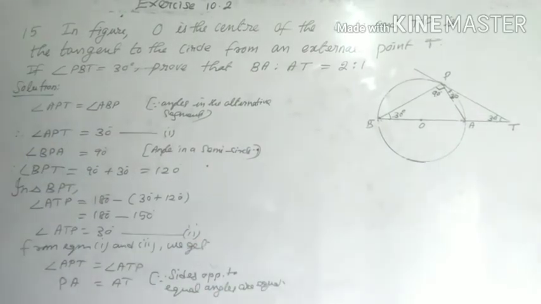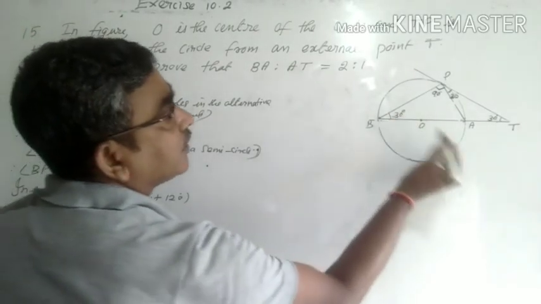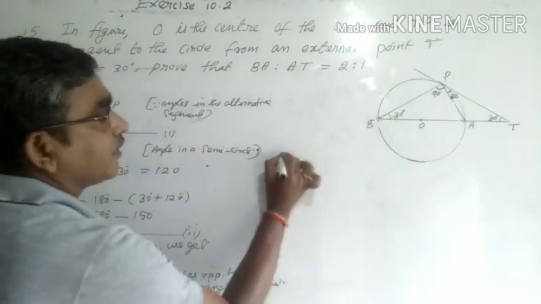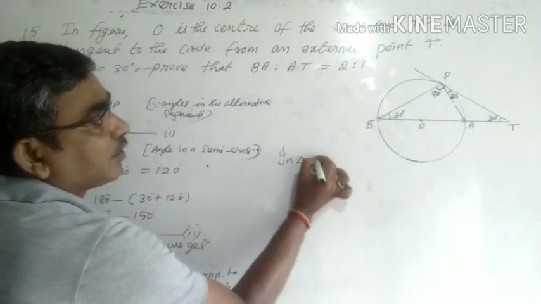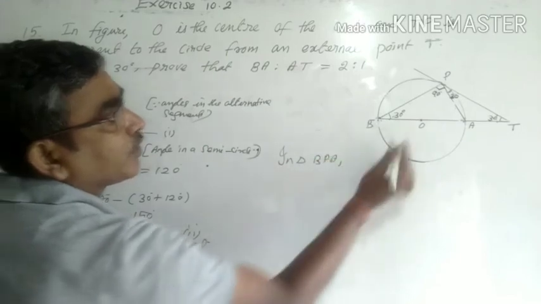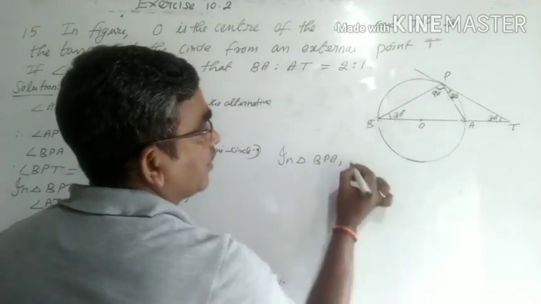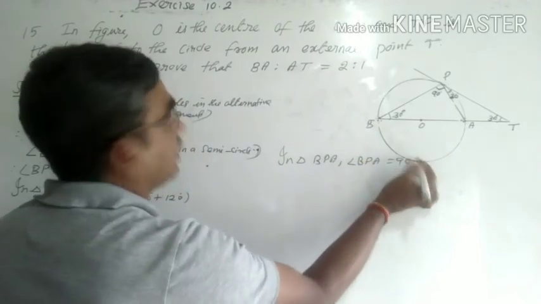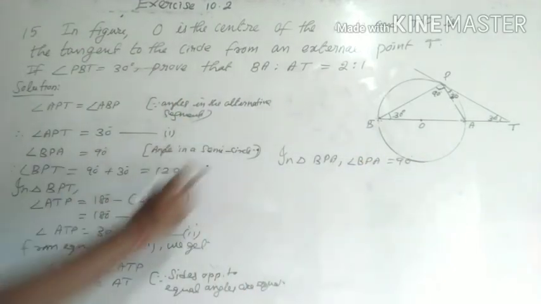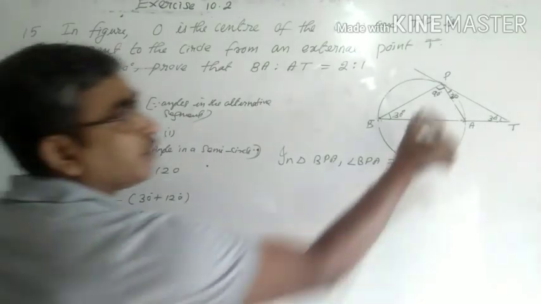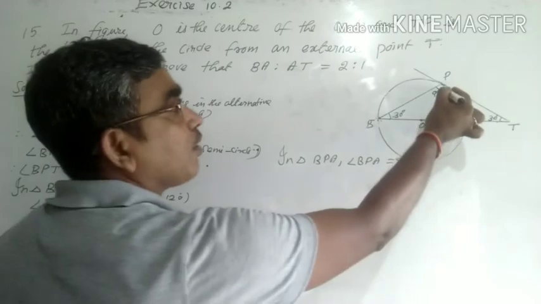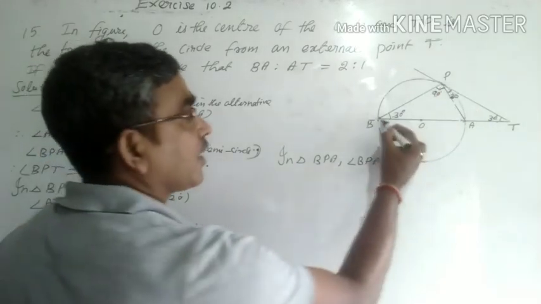Now we come to that. We'll take the triangle BPA. This angle becomes 90 degree. Angle BPA is equal to 90 degree. I told you the reason, because angle in a semicircle is 90 degree. If it is 90 degree, BA is called hypotenuse. The side opposite the right angle is hypotenuse, so BA is the hypotenuse.